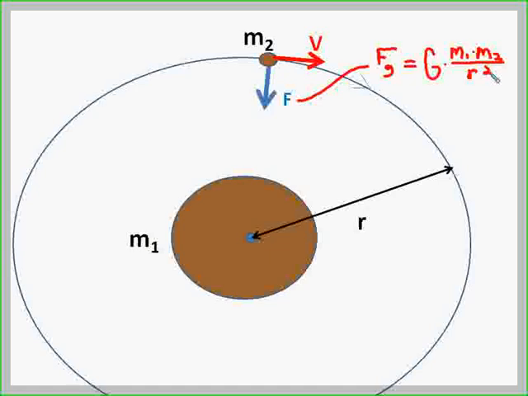Remember this? Fg just equals the mass times the acceleration due to gravity. Fg equals mg. Yes? Now this is the mass that's actually out there. So this is m2.